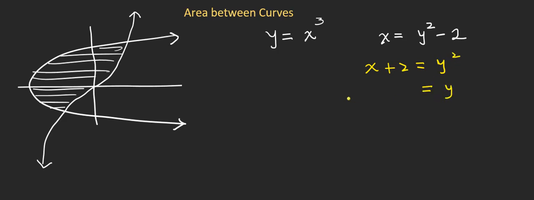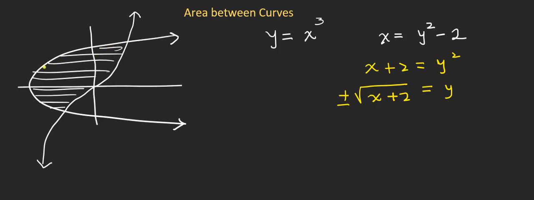So when you solve for y, you're going to get positive, negative radical x plus 2. So in order to graph this, you have to graph two equations. First is radical x plus 2, and then you have to graph negative radical x plus 2, and then graph y equals x cubed. You'll get this graph on your graphing calculator.